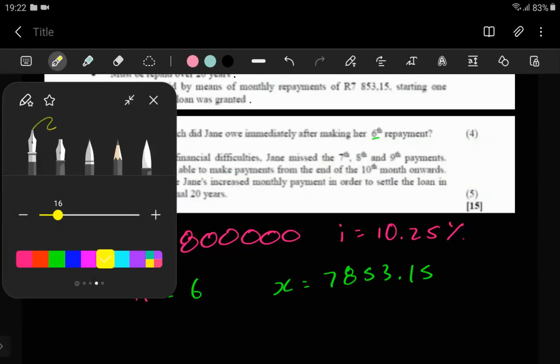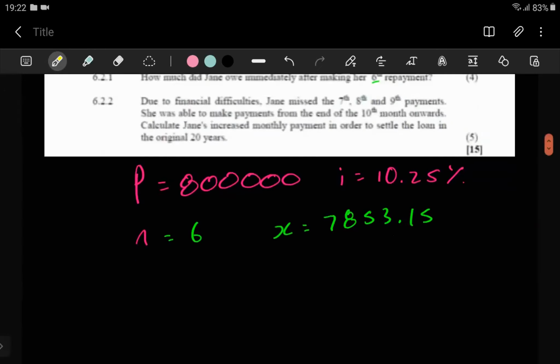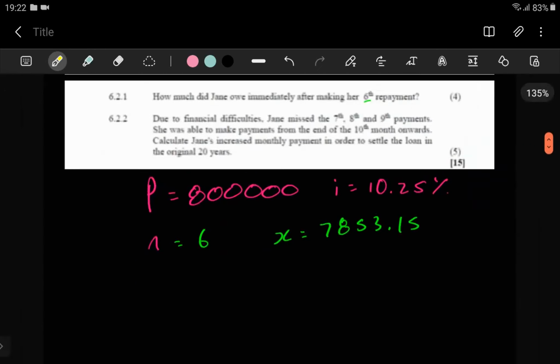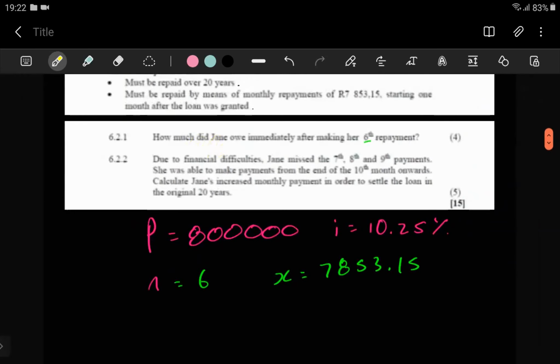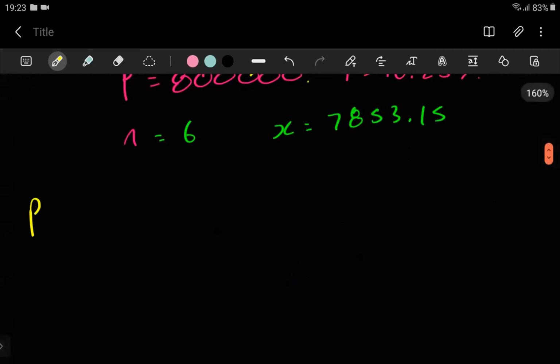So here we should work out, remember, how much she owes. This is really weird, because if we're working out how much she owes after the 6th repayment, we need to work out the balance of the loan.